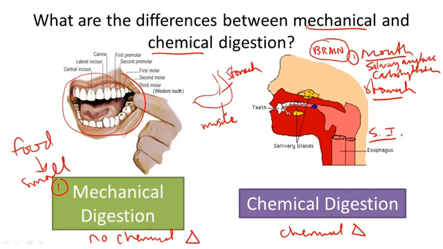The second step, in the stomach, enzymes called pepsin, for example, will break down proteins into smaller individual components, such as amino acids. But what about fats? Well, fats start to be broken down in the stomach using a substance called bile.